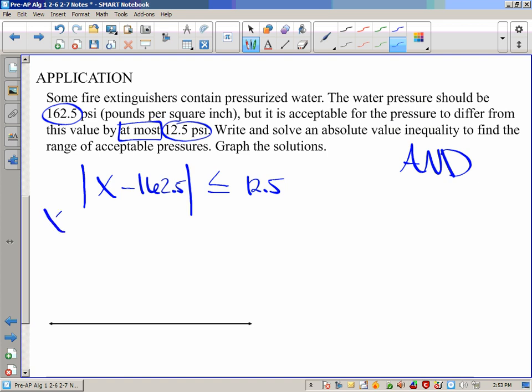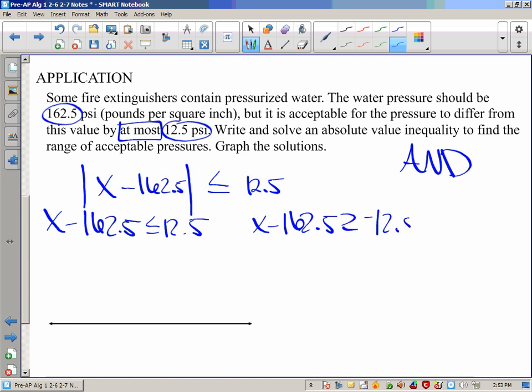So when I set up, here's my regular. When I make 12.5 negative, that's when I have to flip my inequality symbol, add 162.5, and that will get us 175 psi, if I did my calculations correct.